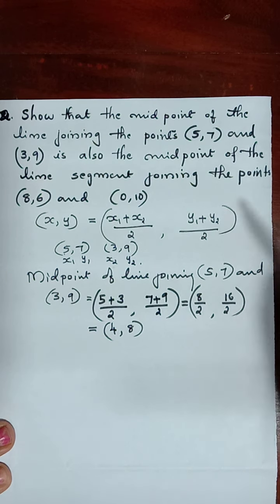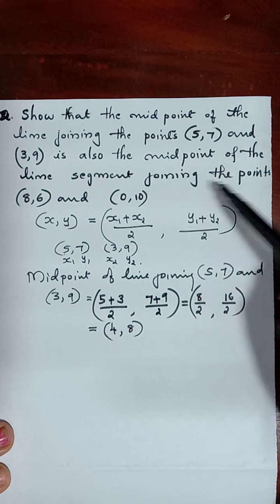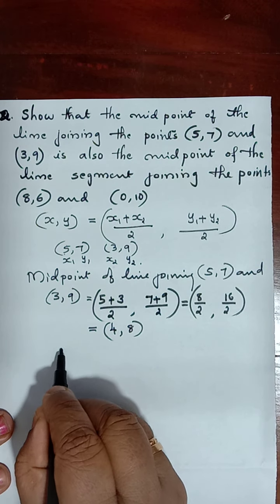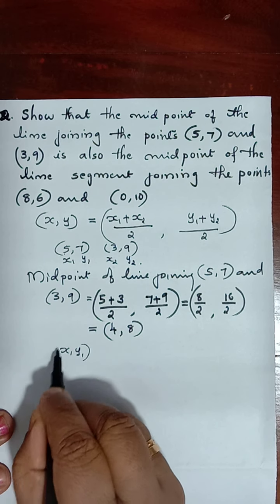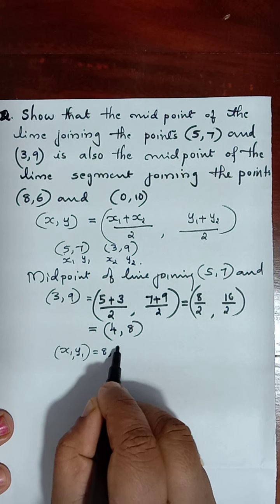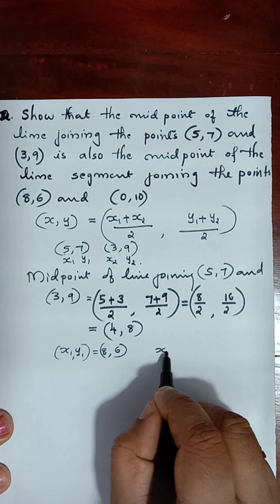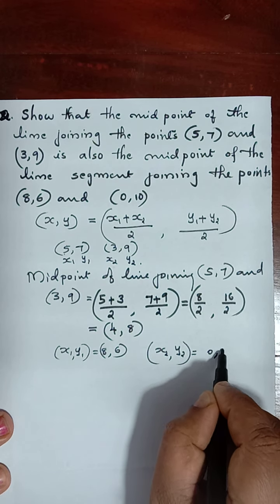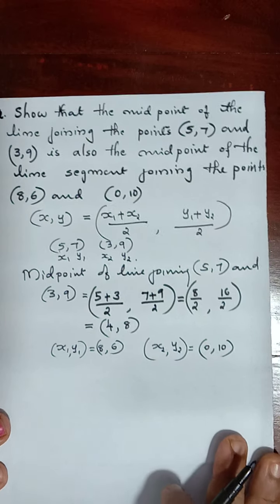Now let us find the midpoint of the line segment joining 8, 6 and 0, 10. Here x1, y1 equal to 8, 6 and x2, y2 equal to 0, 10.